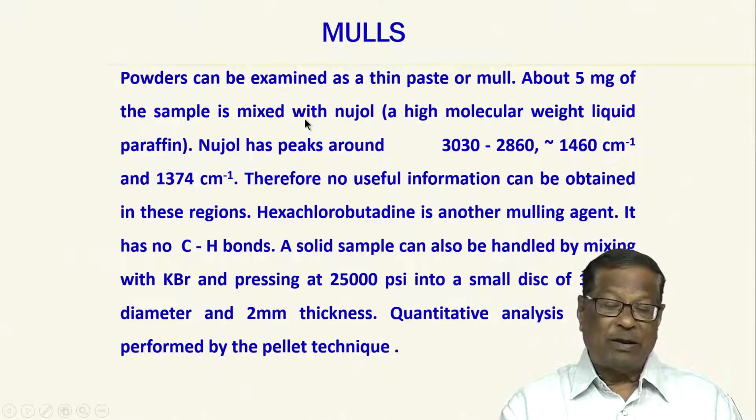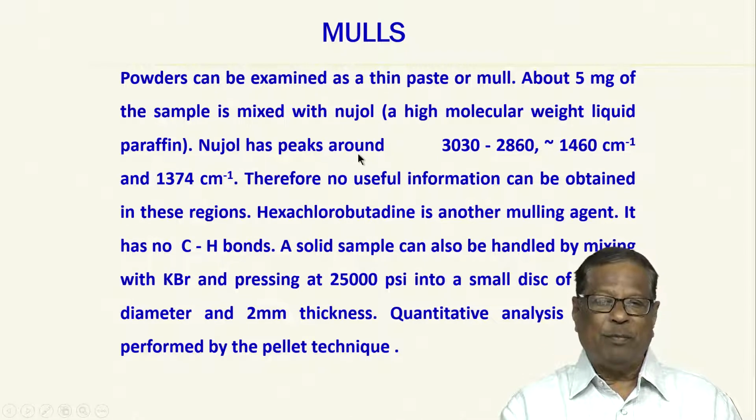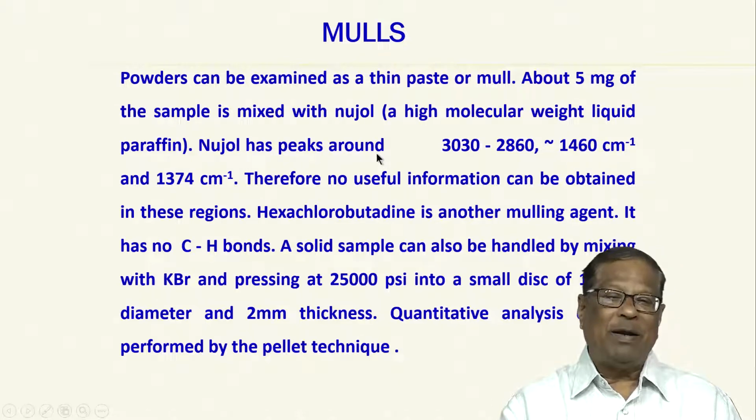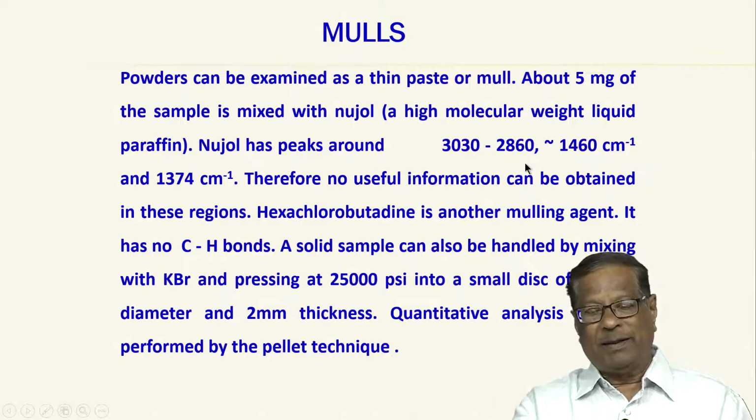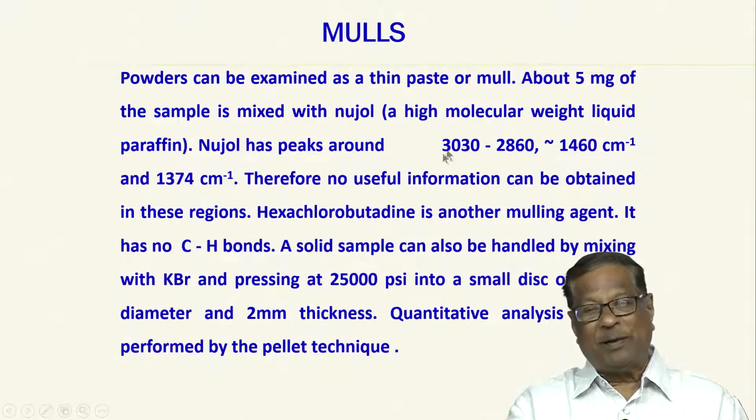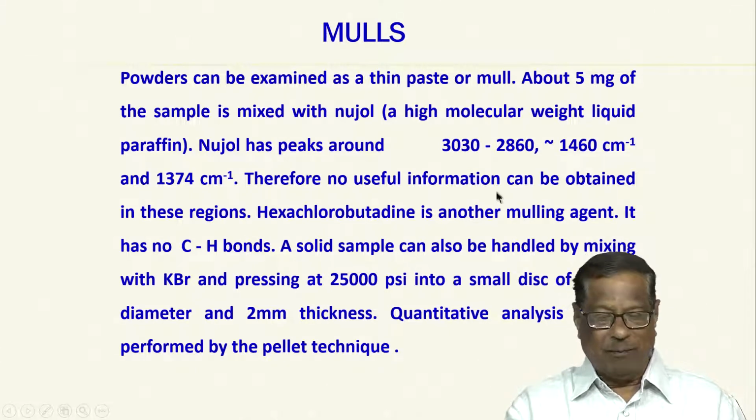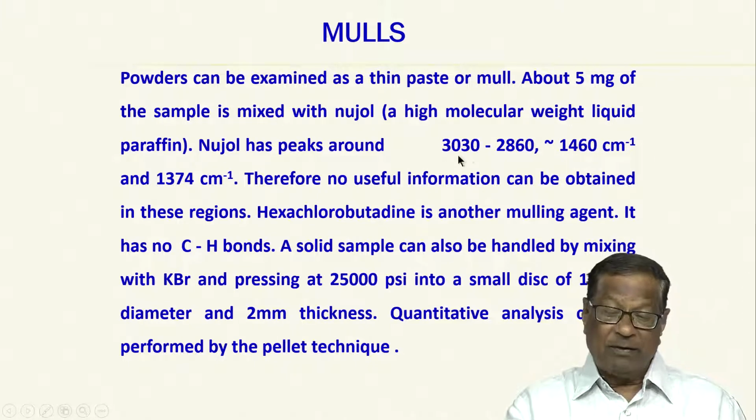Nujol is a high molecular weight liquid paraffin that is used exclusively for infrared spectroscopy only. It is not that it is fully transparent, it has a couple of specific peaks, but for the most part Nujol is transparent, it does not have absorption peaks in the IR. But Nujol has peaks around 2860, around 1460 centimeters inverse and 1370 centimeters inverse.